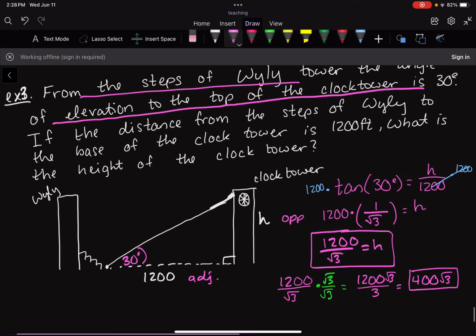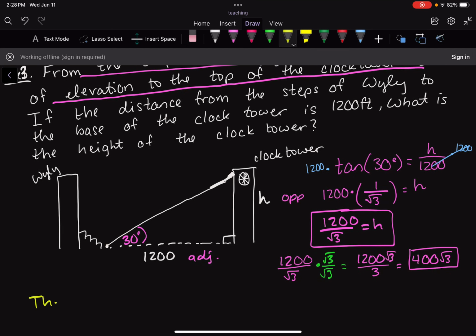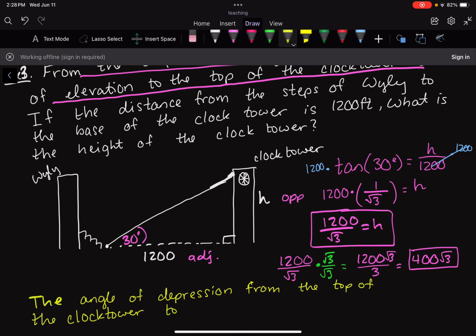Now I want to make a comment here. If I had said the angle of depression from the top of the clock tower to the steps of Wiley, I almost spelled it wrong again, steps of Wiley is 30 degrees.